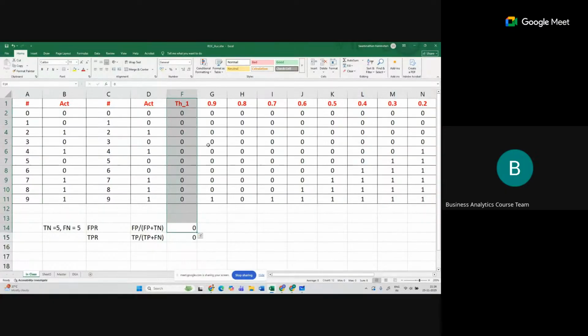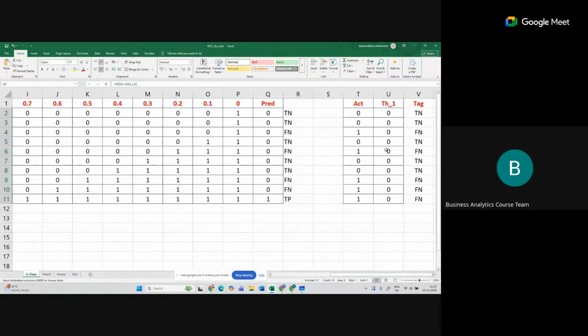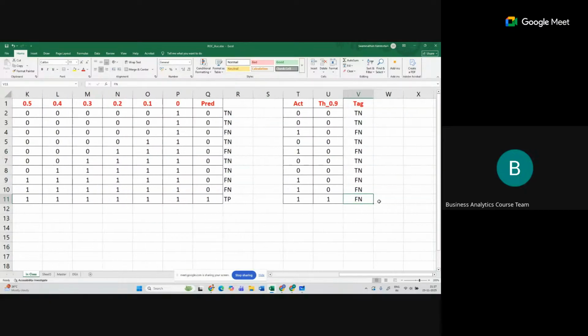Okay. So now let us do the same for threshold 0.9, where you only had this as positive. Correct? Only the last one was positive. What is this now? This is true positive.